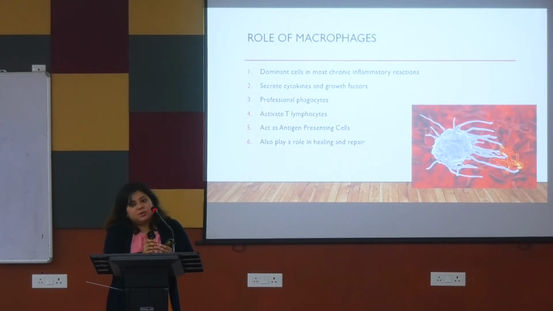Spleen and lymph nodes have sinus histiocytes, Kupffer cells, and microglia, alveolar macrophages. So these are specialized macrophages which are derived from the yolk sac, and they directly go into these organs and they rest there to protect these organs against any attack, right?